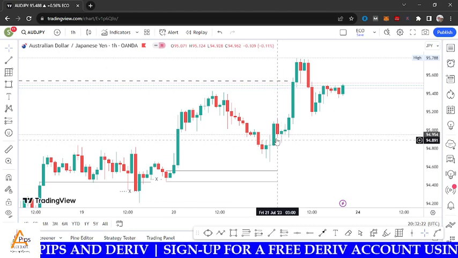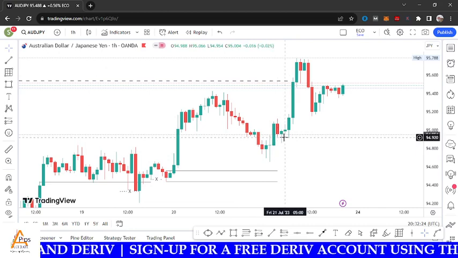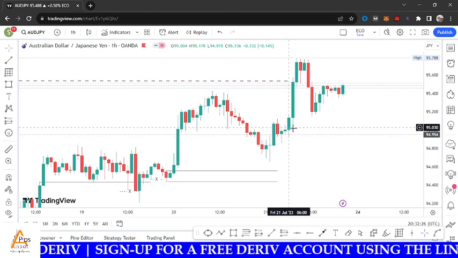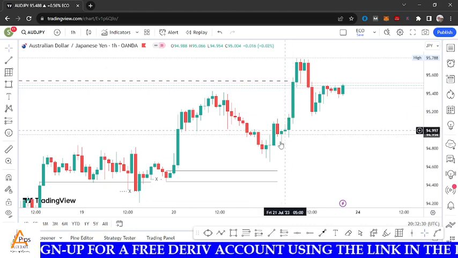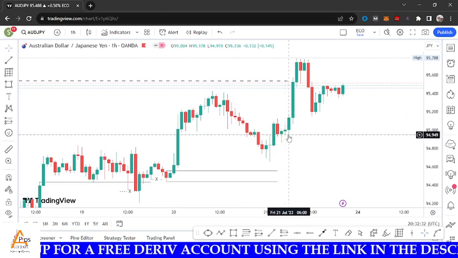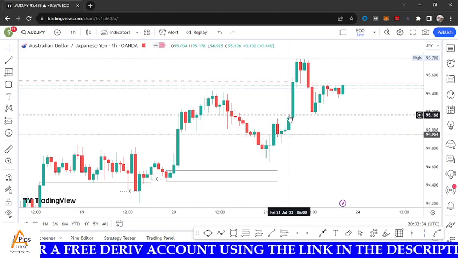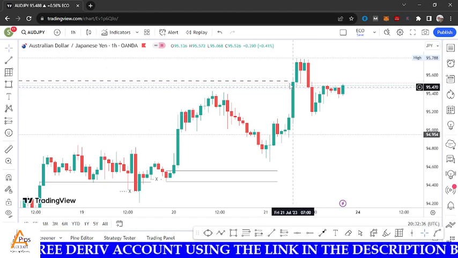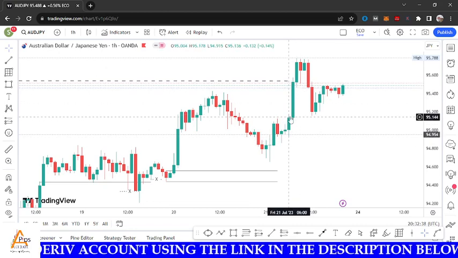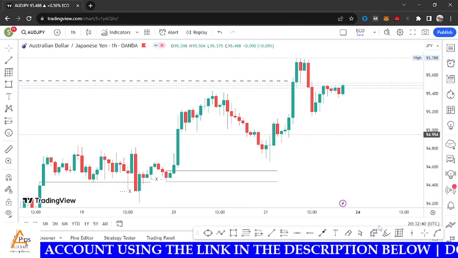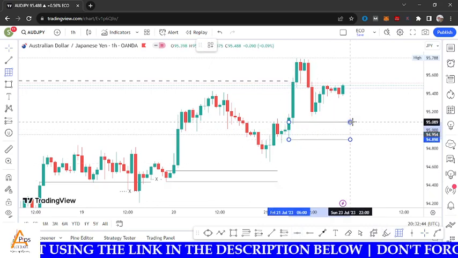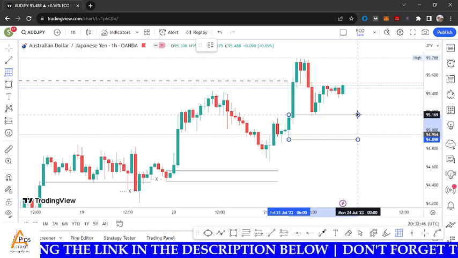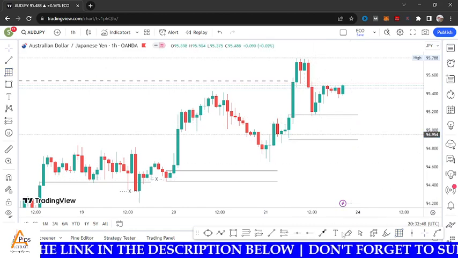Then this guy here took the low of this red candle, but also there is no imbalance, so we don't have it. But this guy took the low of this guy here, and also we have imbalance between this guy and this guy. So this is a valid order block, which the market has already even tapped into and is moving up.